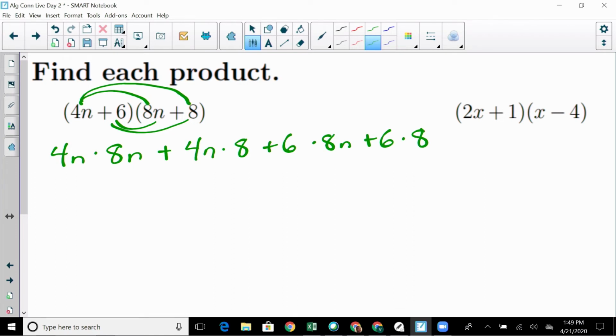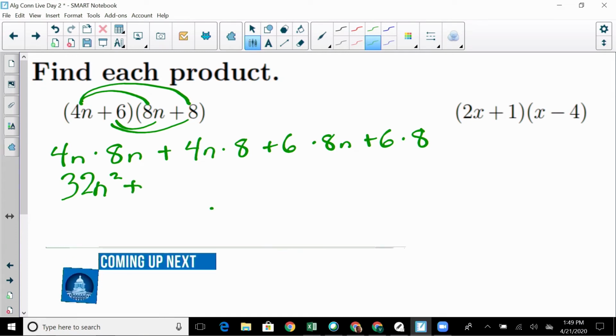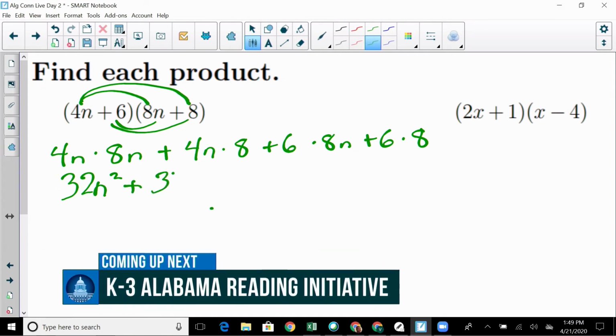So we simplify. 4 times 8 is 32, n times n, n to the second power. 32 again, 4 and 8, n. 6 and 8 is 48, n, and 6 times 8 is 48.